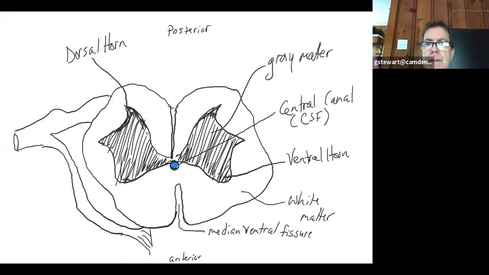So this whole thing right here we call one of those 31 spinal nerves.